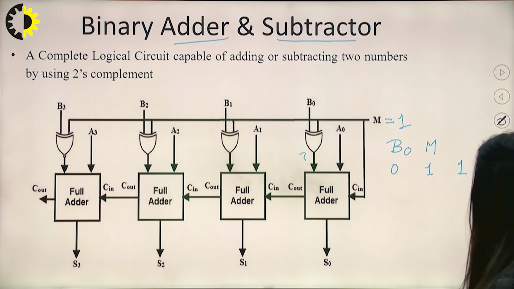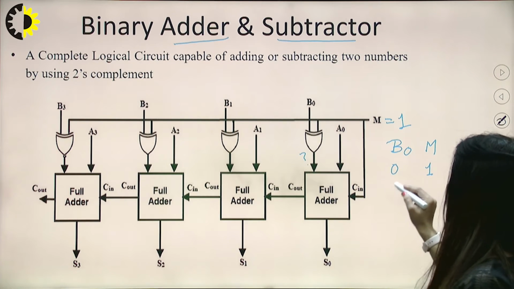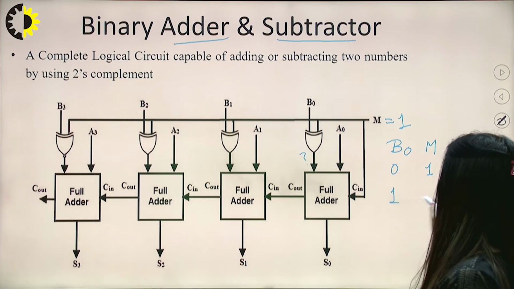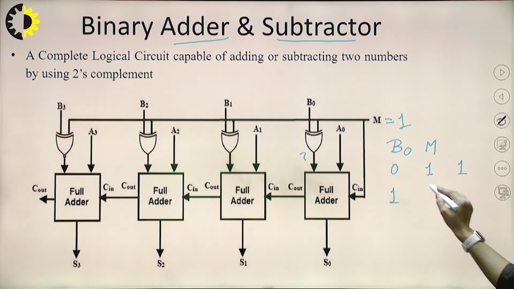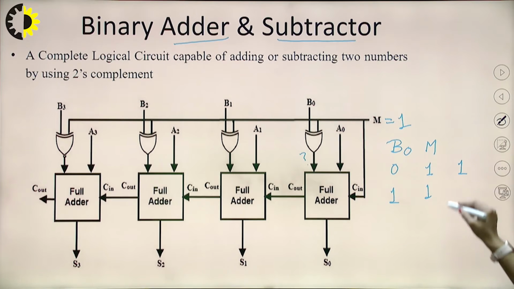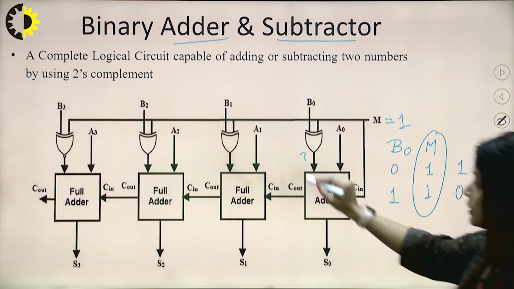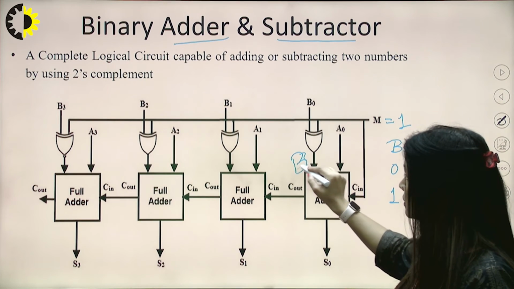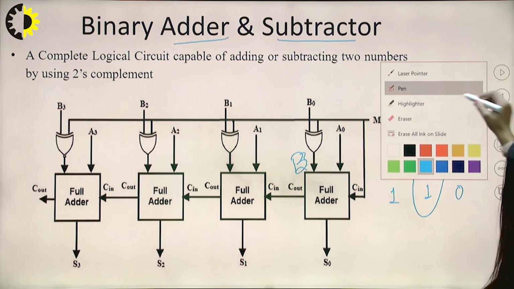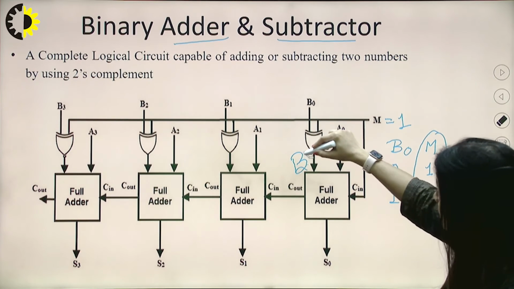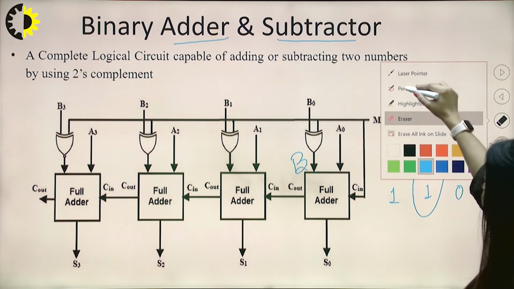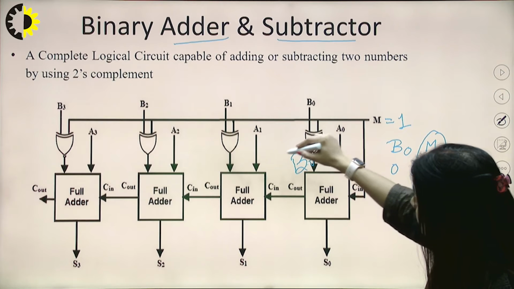If B0 is 1 and M is 1, the output is 0. That means whenever I fix M at 1, the output is B not bar.